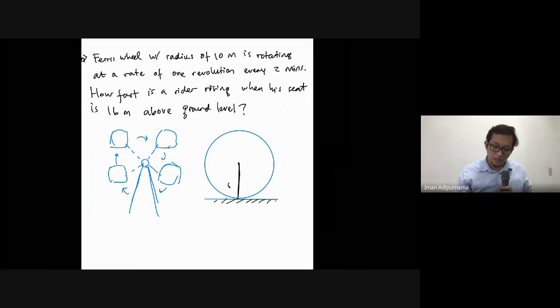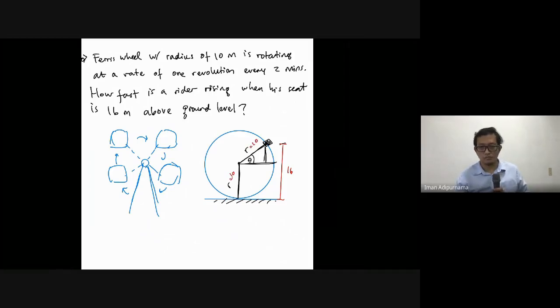So the rising, I will put rising as this. Okay. So this is the cart here. It will have some theta here. It still has the R. And this is the 16. This is 16. This is R equaling 10.